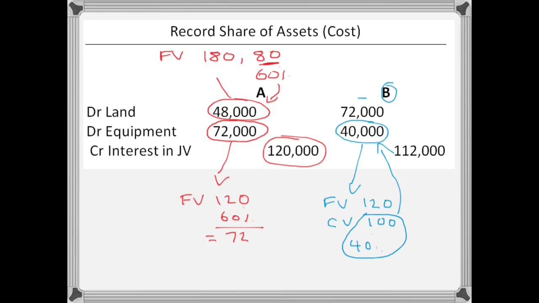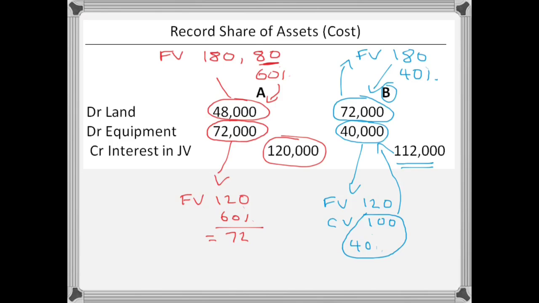With the land, even though the land's carrying value to A is $80,000, the fair value, and all that B sees, is the fair value of 180, and 40% of that is $72,000. And those two together, $72,000 and $40,000, gives you the $112,000.